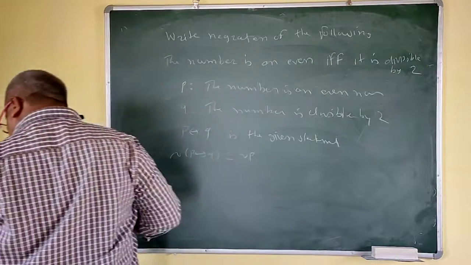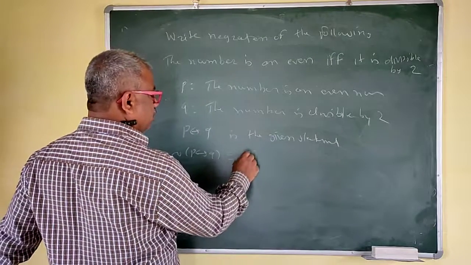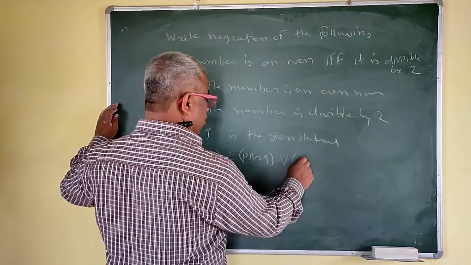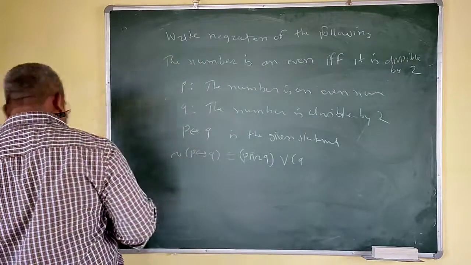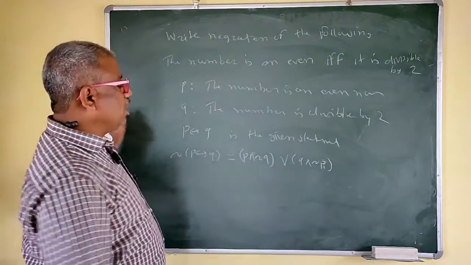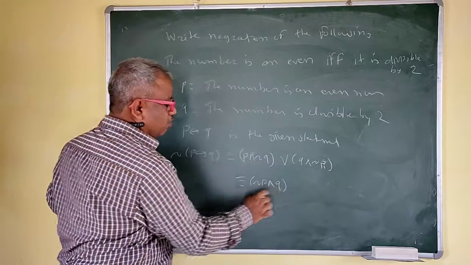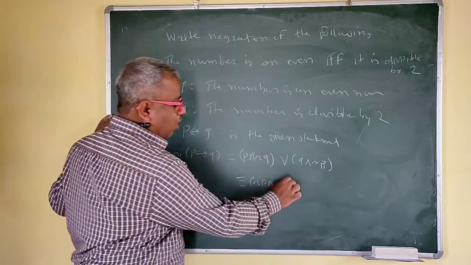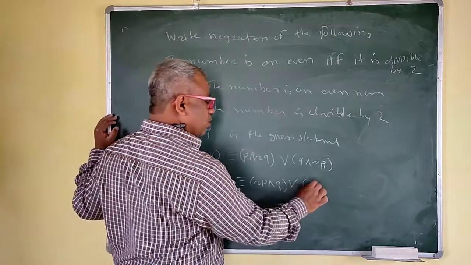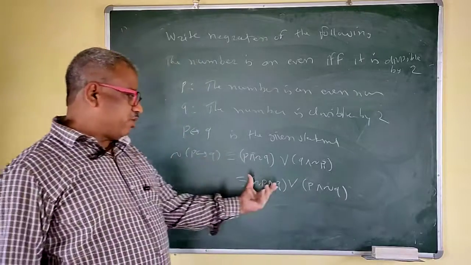The negation of P implies Q is, P and negation Q, or Q and negation P. So you may also write this logically: negation P and Q, one negation you have to take, or here you have to take the negation of P, there you have to take the negation of Q. This is P and negation Q. And should be there, middle one is R now.